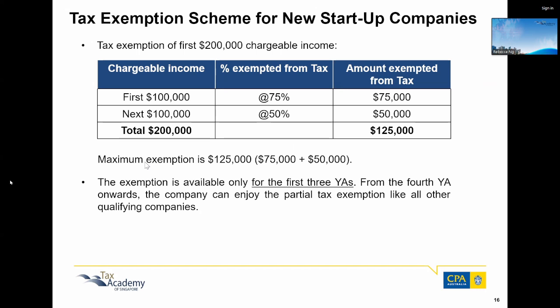The startup exemption is only applicable for the first 3 years of assessment. Thereafter, from the 4th year of assessment, the company will enjoy the partial tax exemption of 102,500 if they have a chargeable income of more than 200,000.